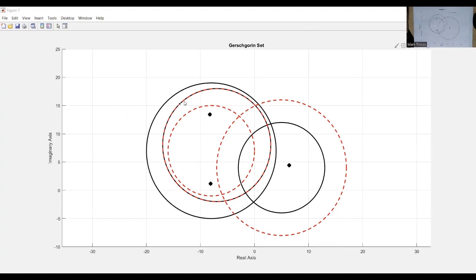So it may be hard to see, but there's a dotted one underneath the main one there. In other words, right here, there's a dotted one and then superimposed with a solid one. Again, the solid ones are from the original set, the dotted ones are from the transpose. We can superimpose these two sets and find a smaller set that includes the eigenvalues.